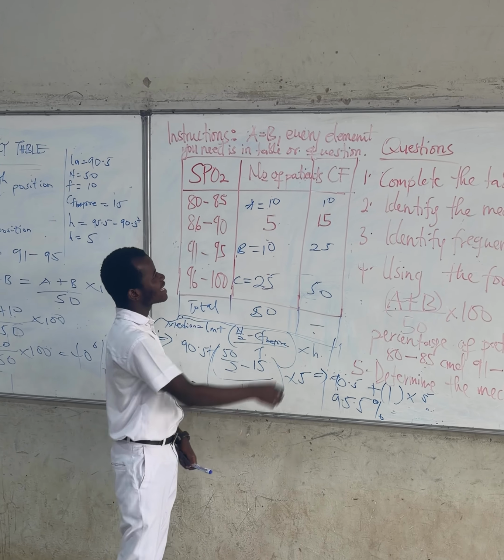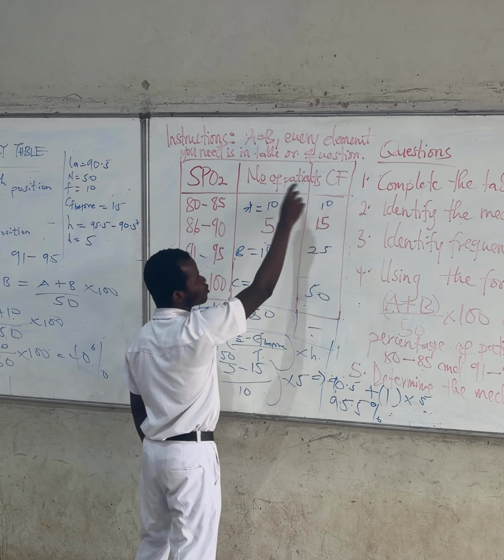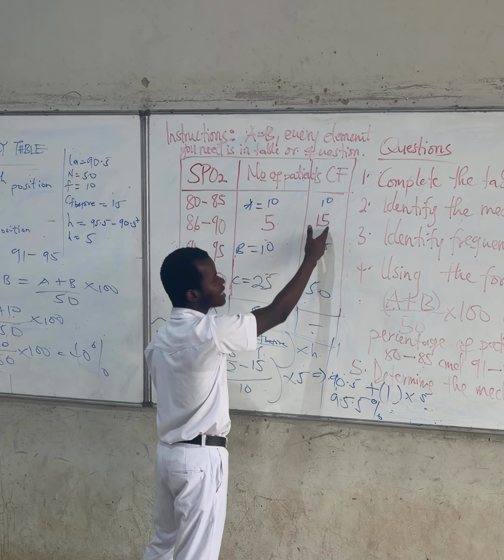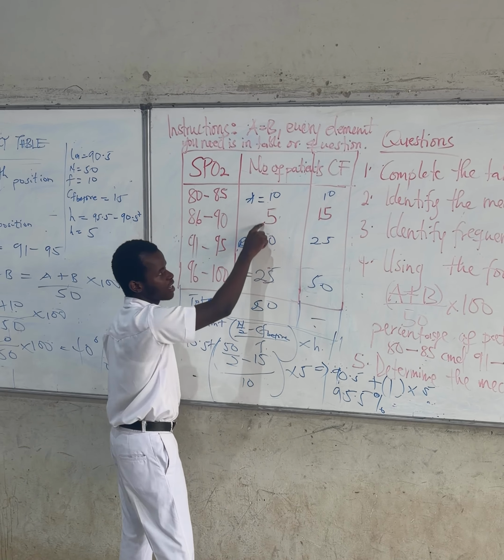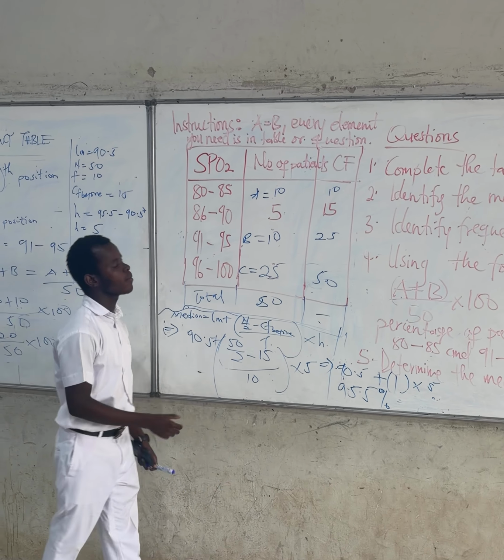It means that there is a number here. When you add it to 5, you get 15, and that number is 10. So you can do 15 minus 5, which will give you 10.